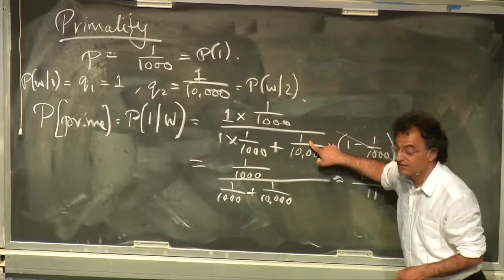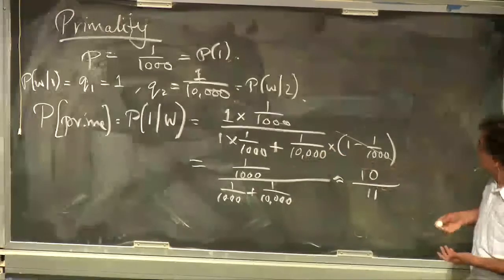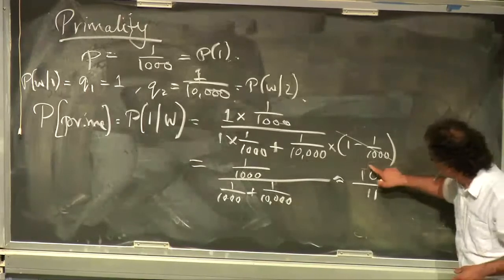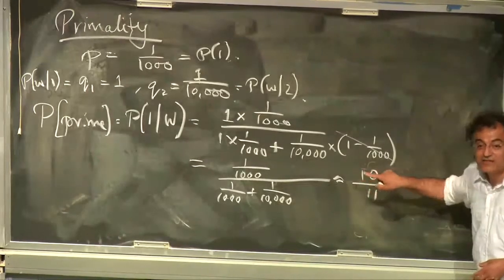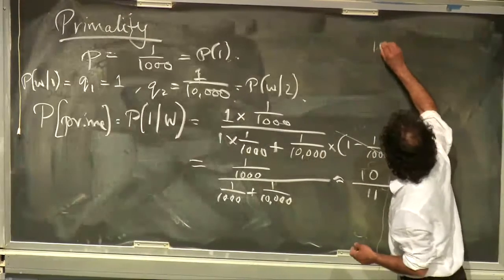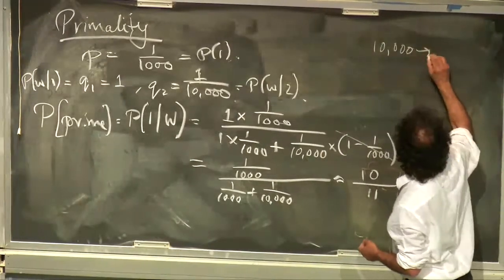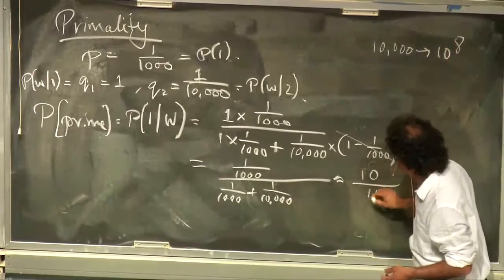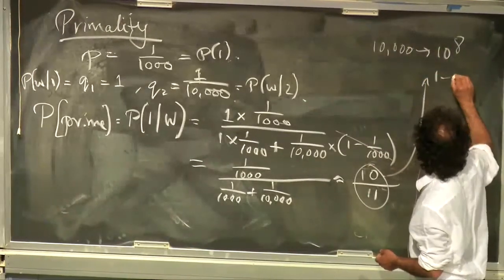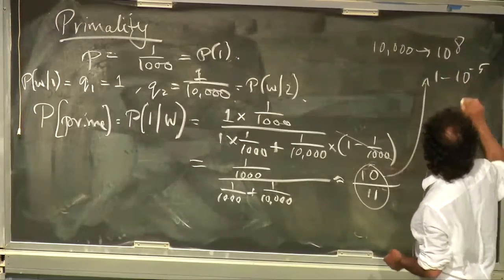And so basically out here, if 10,000 goes to 10 to the 8, then this number would go to something like 1 minus 10 to the minus 5.